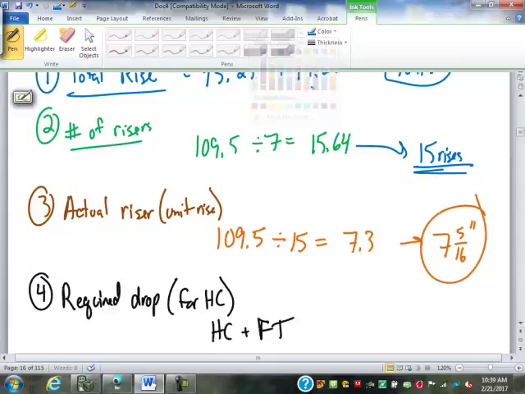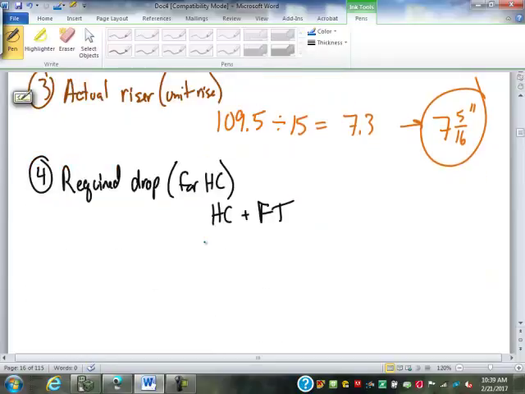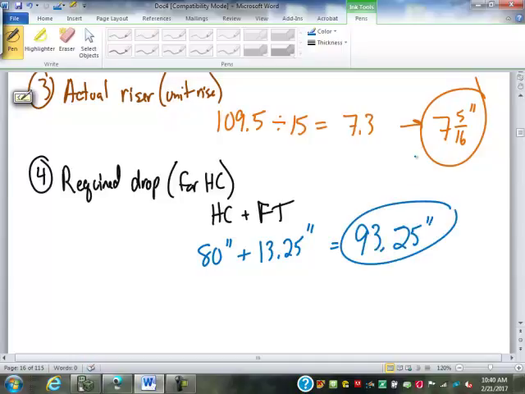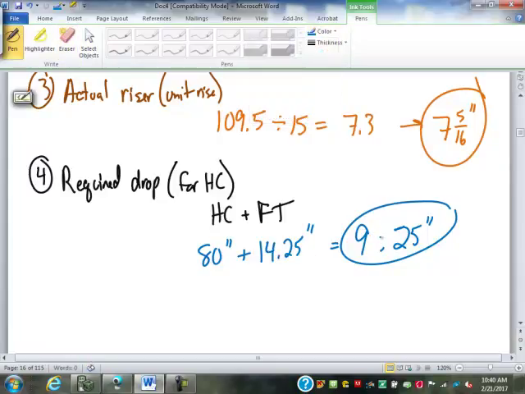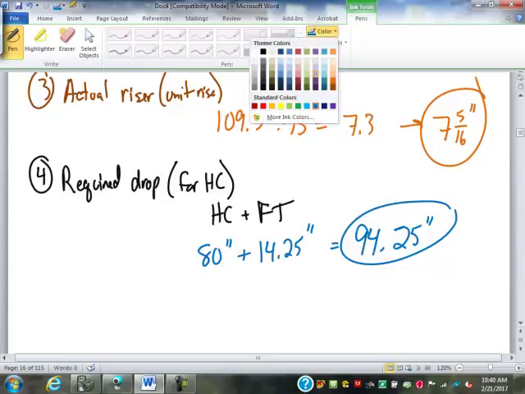We are going to assume that we are using the 80-inch head clearance, the 6'8", plus a floor thickness of 13.25, 95.25 inches of required drop. Is it 14? Okay, thank you. We shall make that change quickly. It's 14.25, so it's 94.25 inches of required drop.